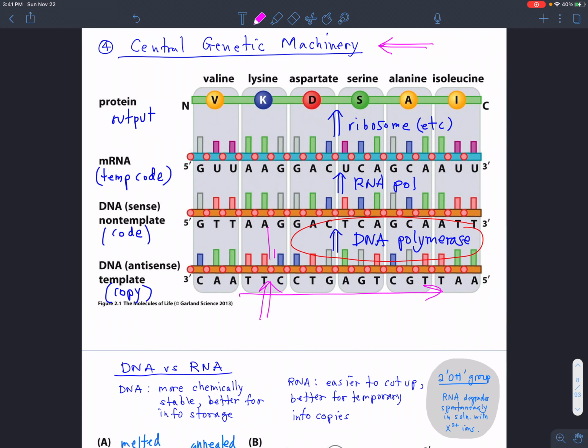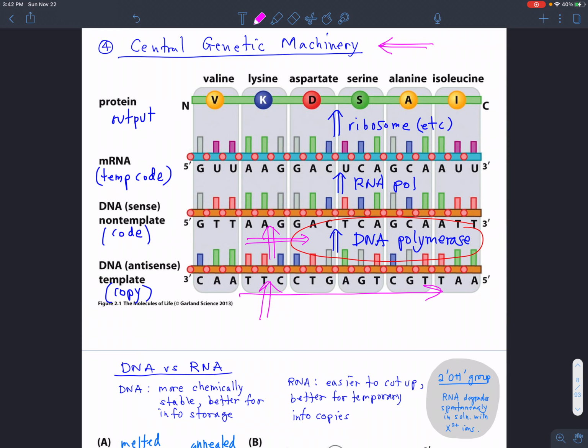You've got to copy that code every time the organism is going to reproduce, and that's the job of the DNA polymerase. It's the very first in this sequence of operations that the central genetic machinery carries out.